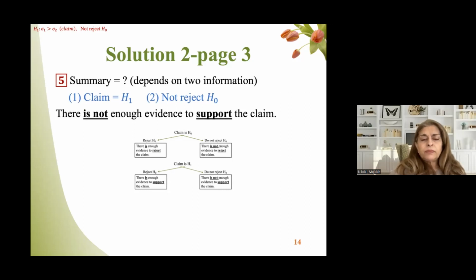Question? Claim was H1. We did not reject null. So there is not enough evidence to support the claim. Your step 5 has to be one of the 4 boxes. Do not forget to underline is not, support, or reject, whatever you have.